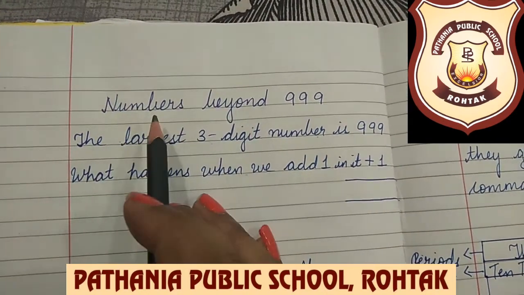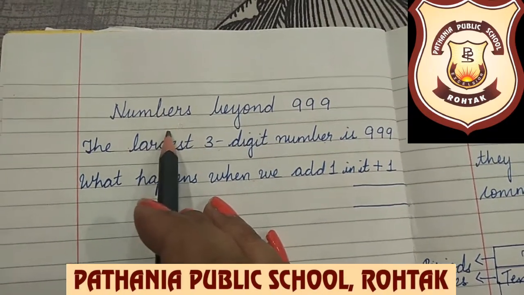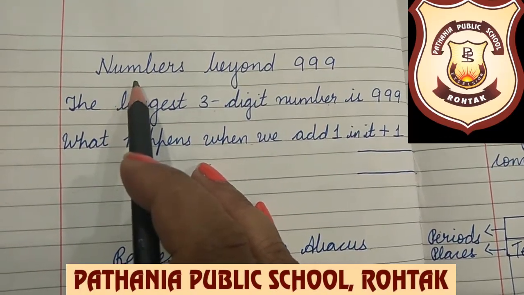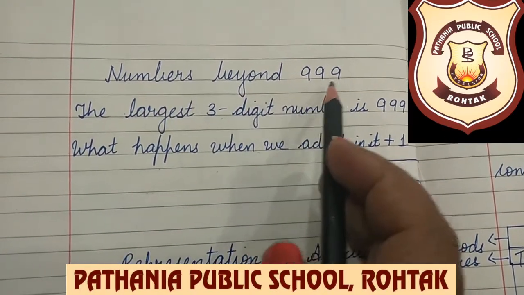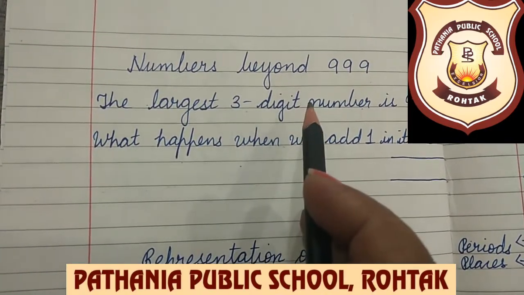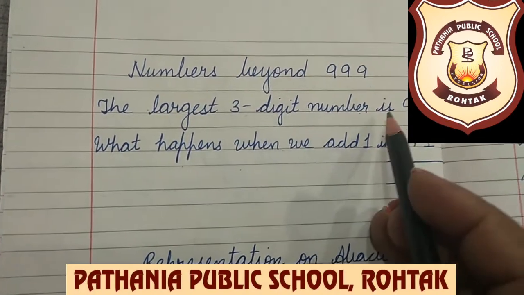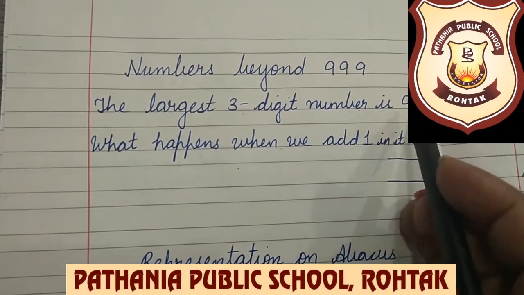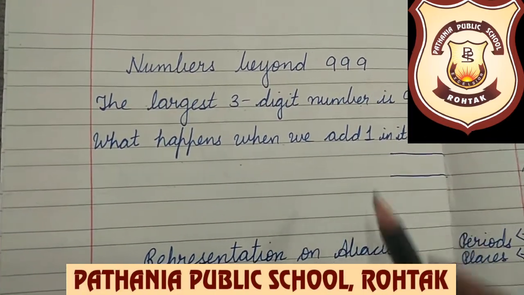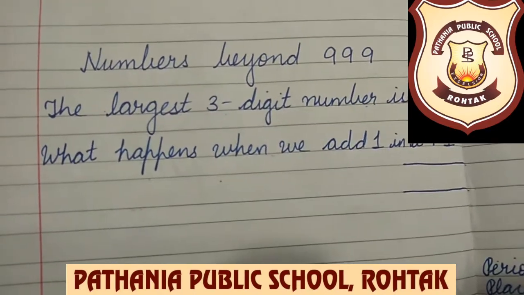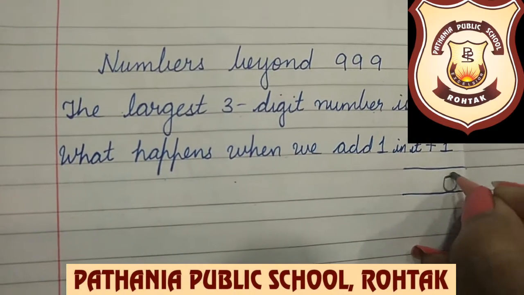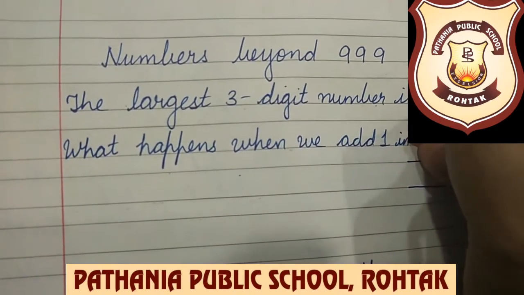Dear students, before going to the book, I want to share some additional information with you all. As I've told you, today's topic is numbers beyond 999. So, which is the largest three-digit number? The largest three-digit number is 999. What happens if we add 1 to it? Let's do it. 9 plus 1 will become 10. 0 will come here, 1 will be carried.